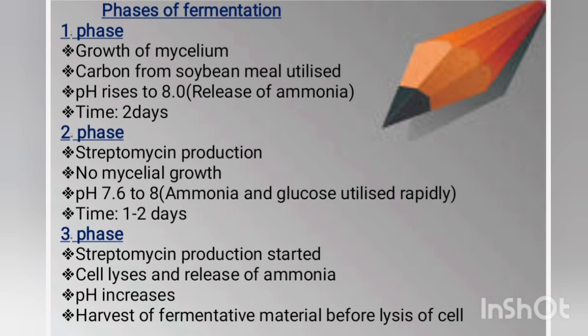Before lysis, the fermentative material is harvested for the recovery of streptomycin. So these are the three phases in the fermentation process. Totally, the fermentation process takes about 5 to 7 days.